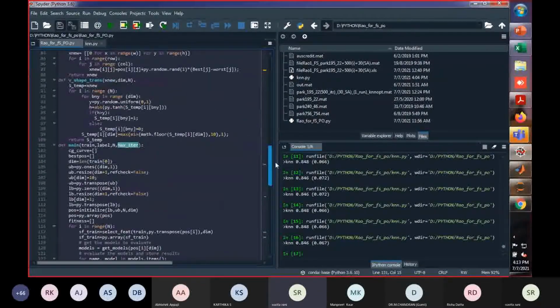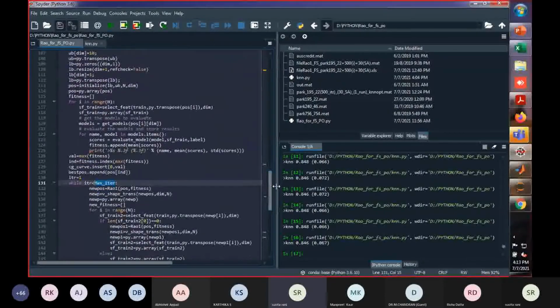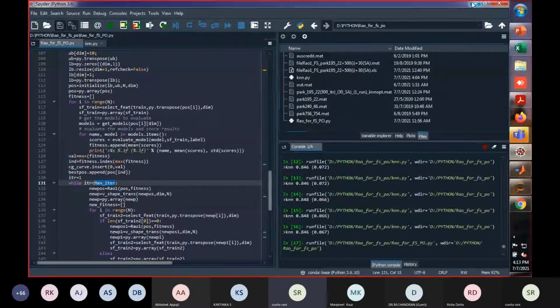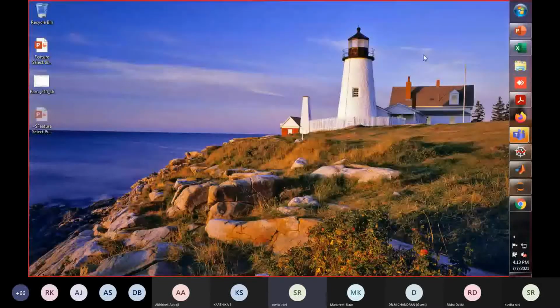So this particular algorithm runs 500 times, and then searches for the particular k value and the particular number of features. So if we run this code now, it may take some time, but I have already prepared some data based on this. Okay.